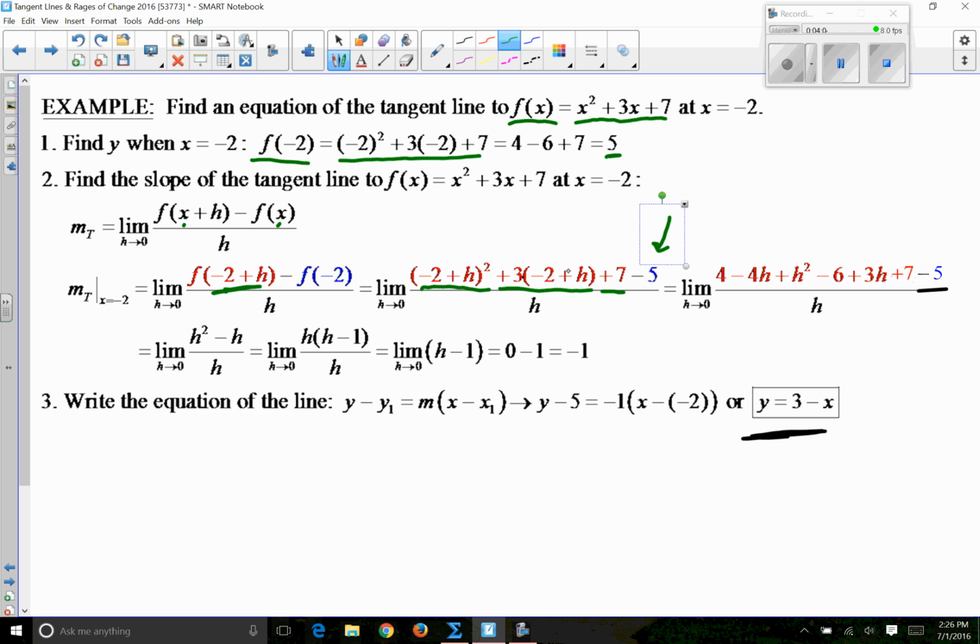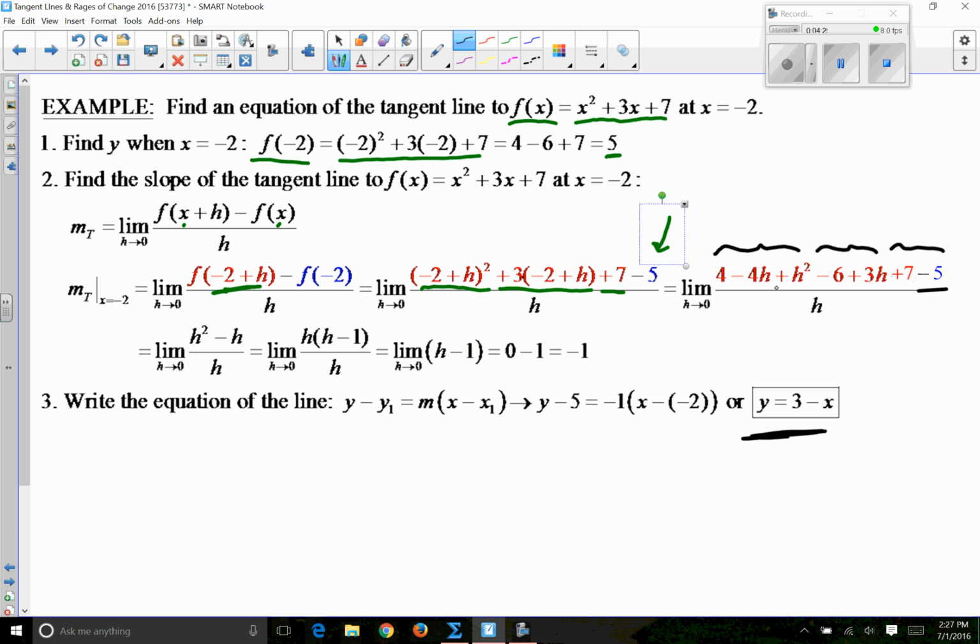Negative 2 plus h squared is this trinomial, 4 minus 4h plus h squared. Distribute this 3, and we get negative 6 plus 3h. Plus 7 minus 5, I just copied that. Also copied the over h.